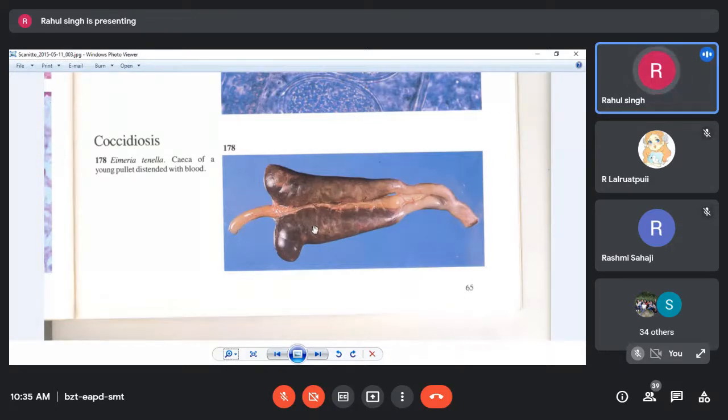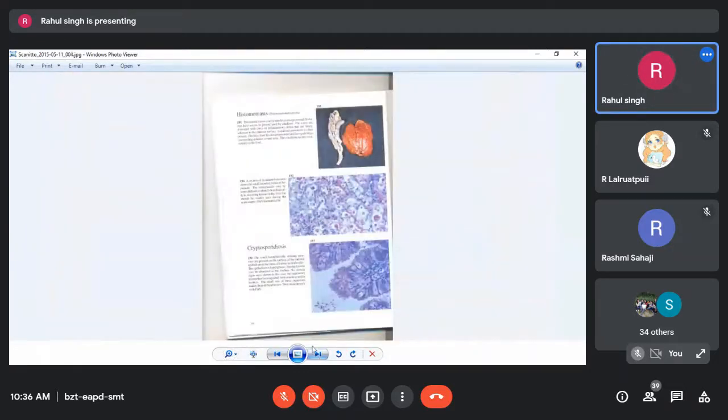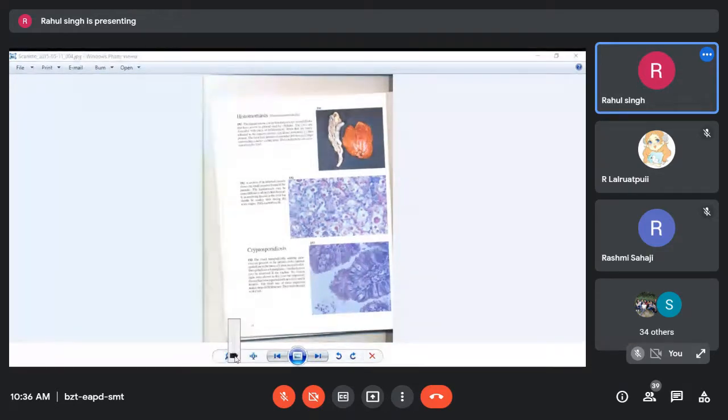This is a very typical picture. Very frequently we can find this in the field, with varying manifestation, a little bit weaker lesions than this, or even more severe than this. This is the hemorrhagic typhlitis caused by Eimeria tenella. You can see Eimeria tenella in the microscope if you process it.